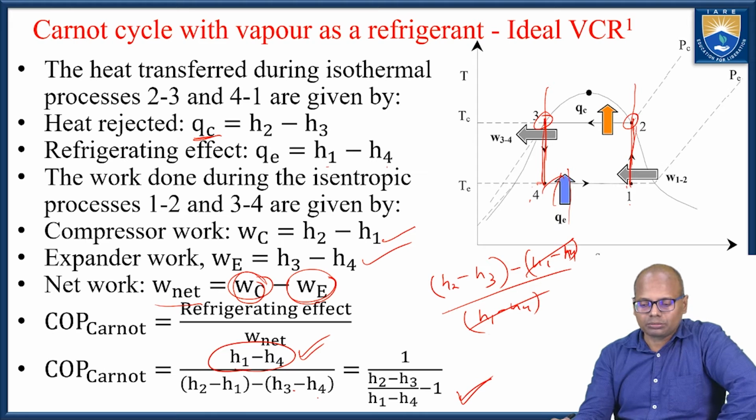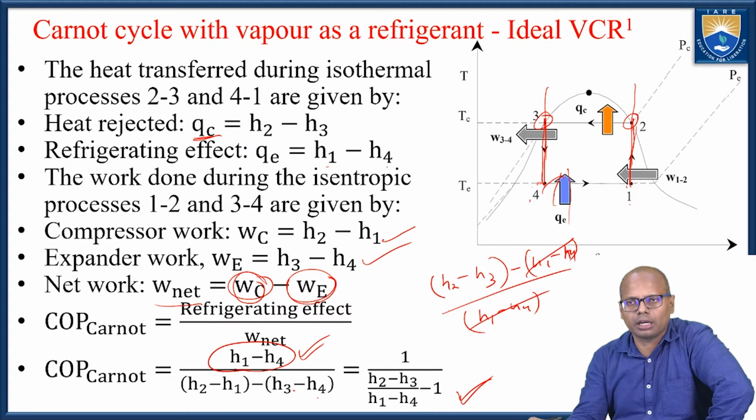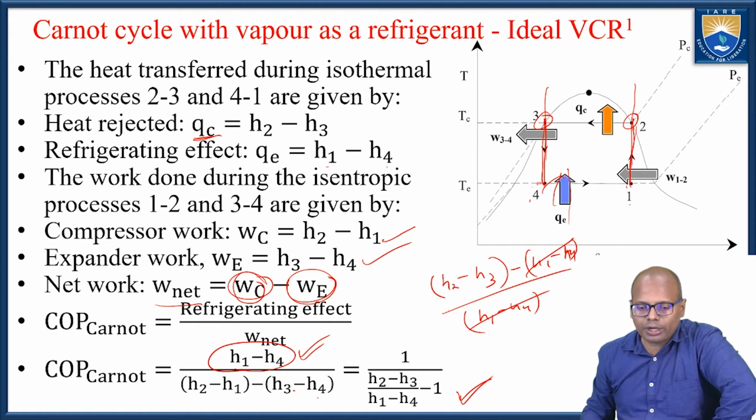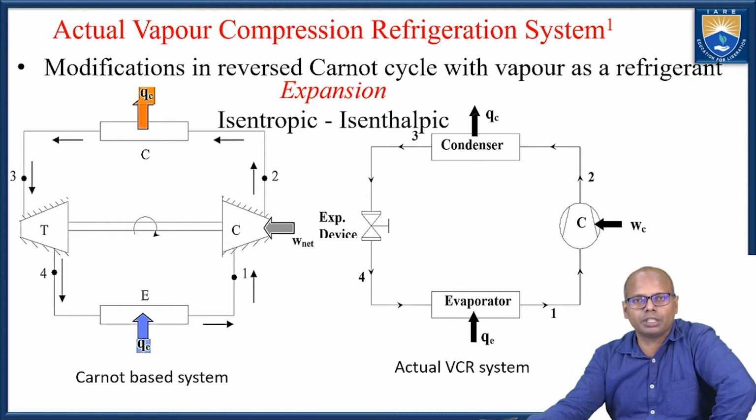Now this is called the ideal vapor compression cycle. Ideally, if I am using a refrigerant vapor and working, then it should be working on the Carnot cycle. Now, how is it different from the actual vapor compression refrigeration system?